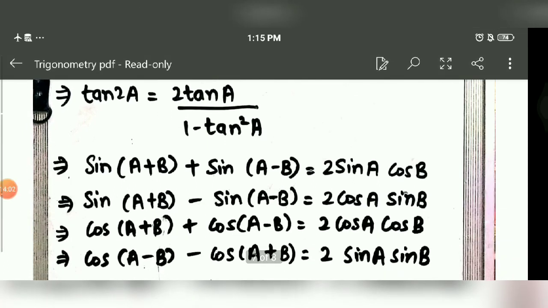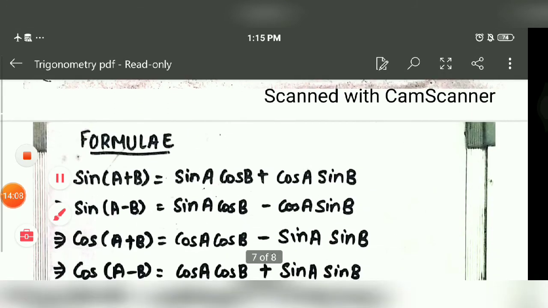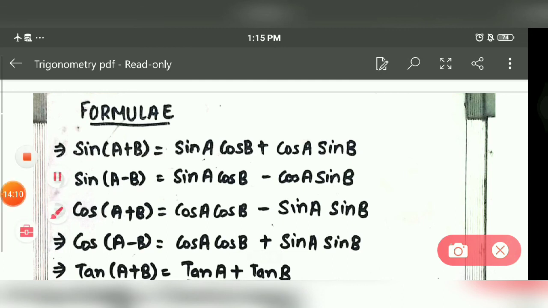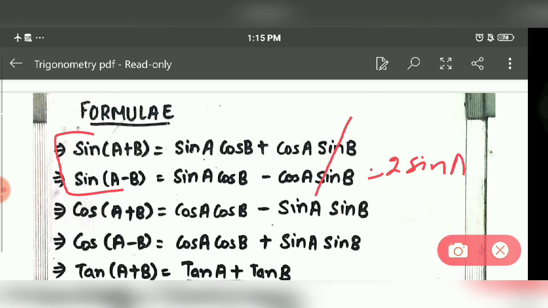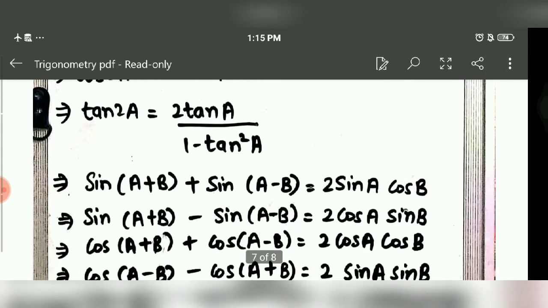Next, if we add sin A plus B and sin A minus B, these two terms, the plus and minus cancel, so we get 2 sin A cos B. This type of result we get.